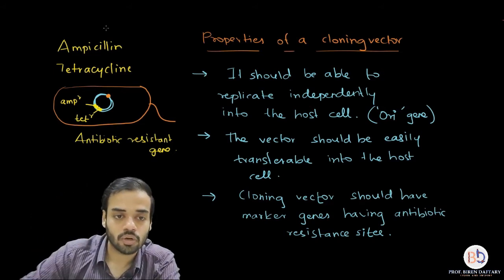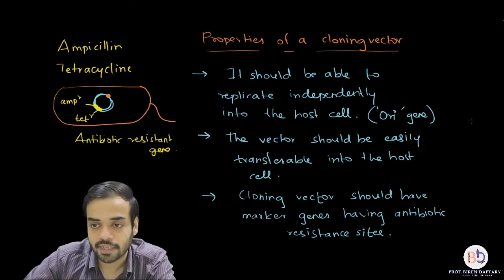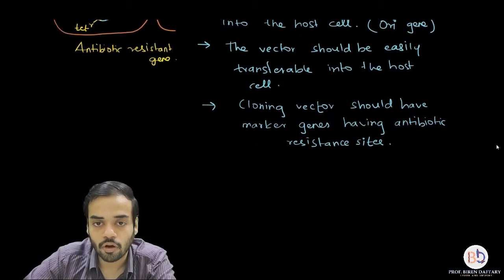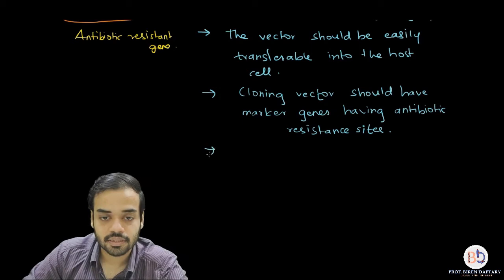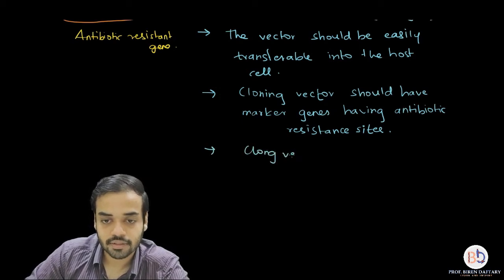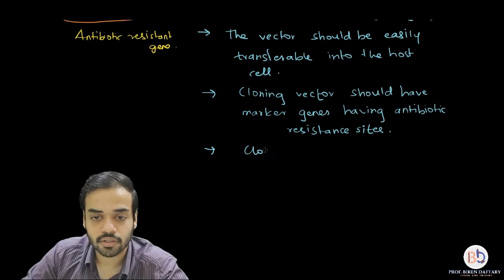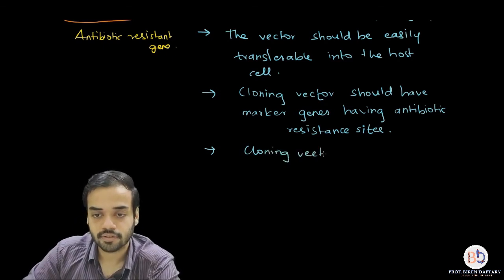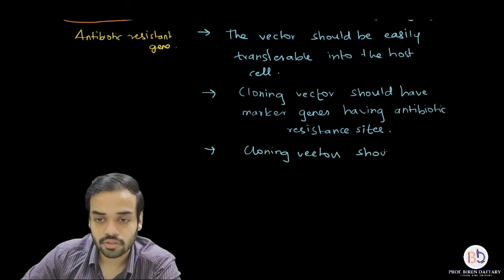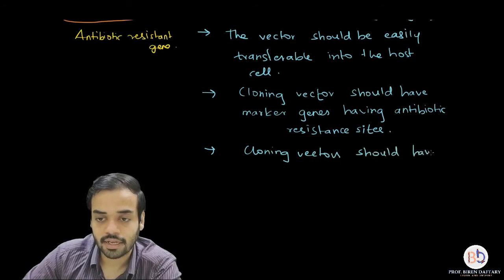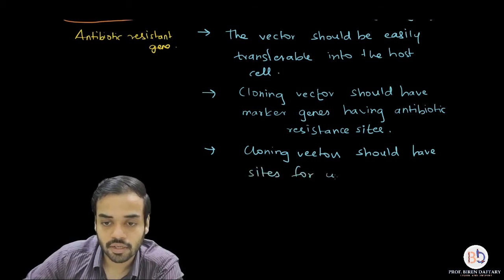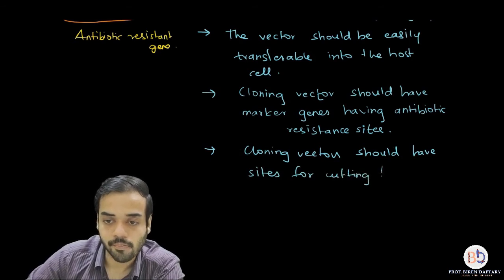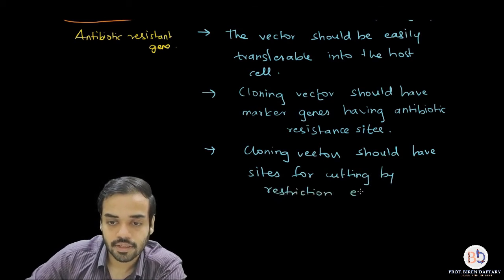Okay, now coming to the next property, the fourth property of the cloning vector: cloning vectors should have sites for cutting by restriction enzymes.